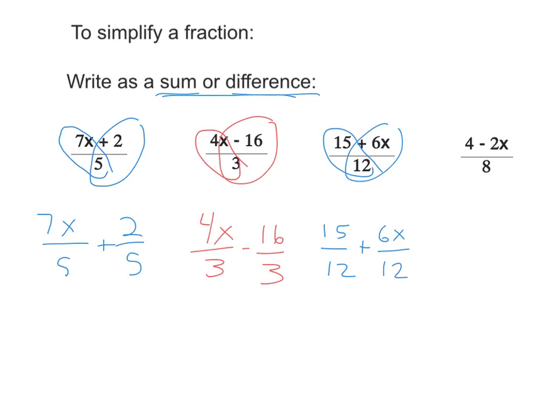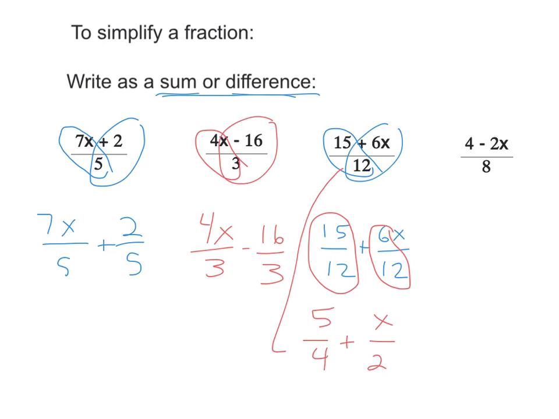This particular fraction, though, we can take it further because this fraction can reduce. Both 15 and 12 are divisible by 3, which would give me 5/4. In the second fraction, the 6 and the 12 are both divisible by 6. So 6x divided by 6 leaves x, and 12 divided by 6 is 2. So this original fraction would reduce to 5/4 plus x over 2.